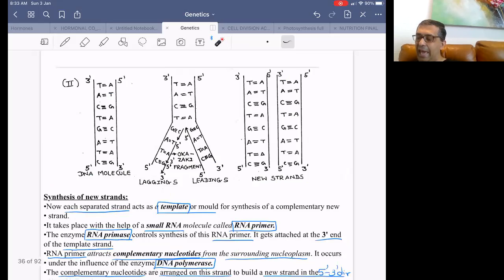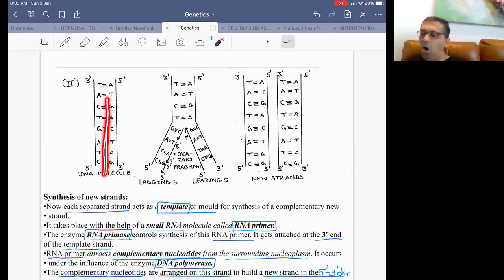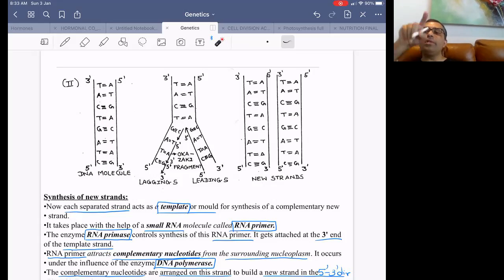It starts breaking the hydrogen bonds. Replication bonds are broken by the DNA unwinding protein, also called helicase. And those helicase enzymes will break the hydrogen bonds.